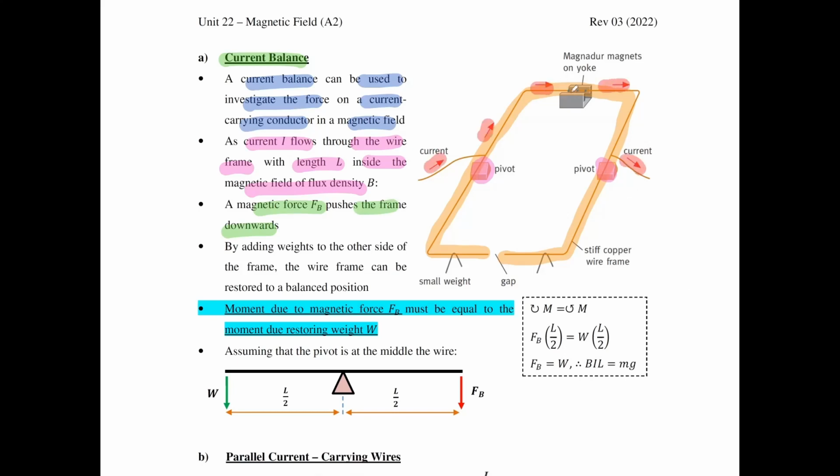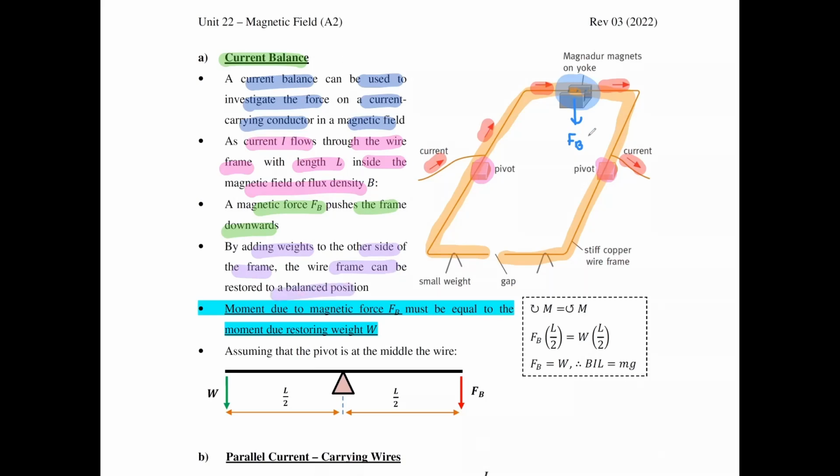So as the current flows through the wire and the wire is inside a magnetic field, you want a magnetic force that acts downwards on the wire right now. So the idea here is that you then want to add weights to the other side of the frame so that the wire frame can be restored to a balanced position.